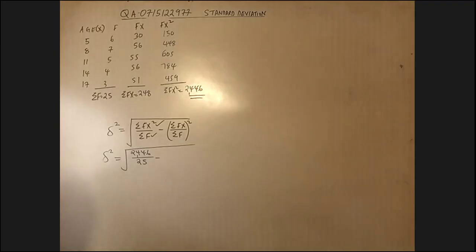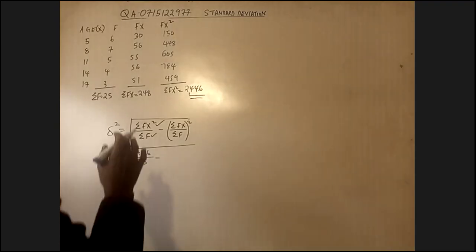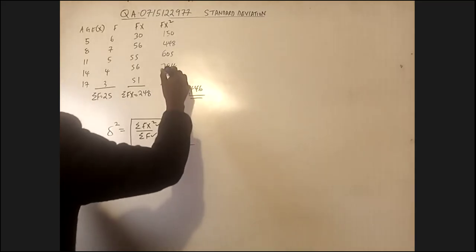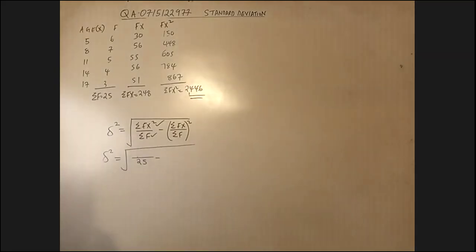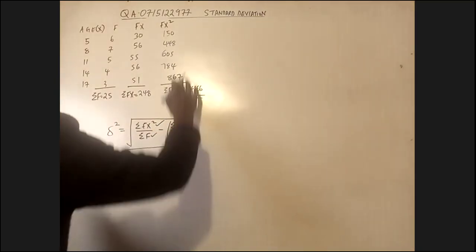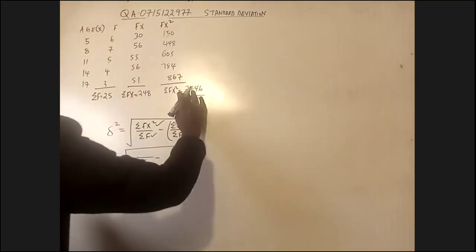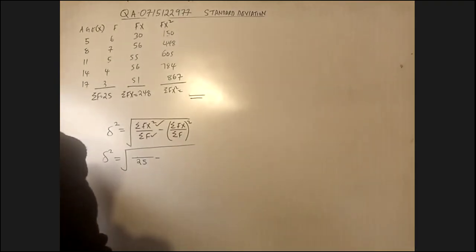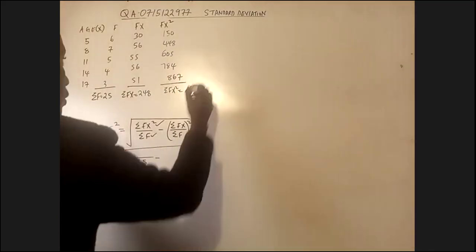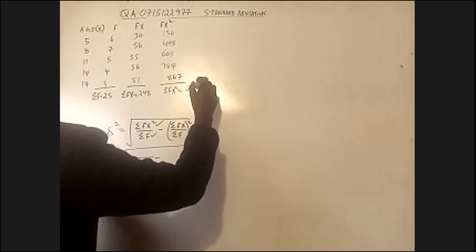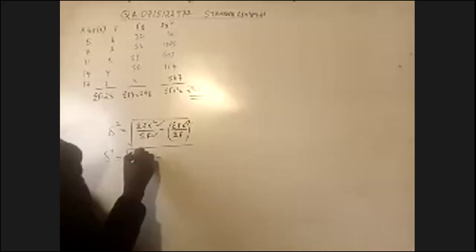Even the second value, which is 448, should be 567. 8 squared times 7 is 448, it's correct. That is fine. 2854.